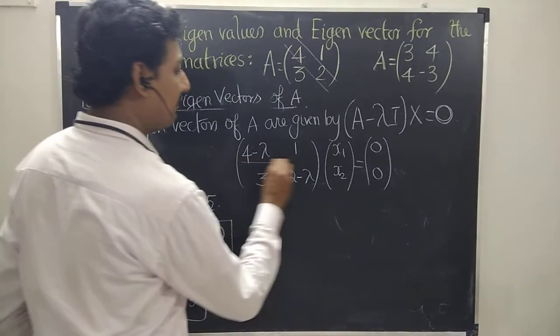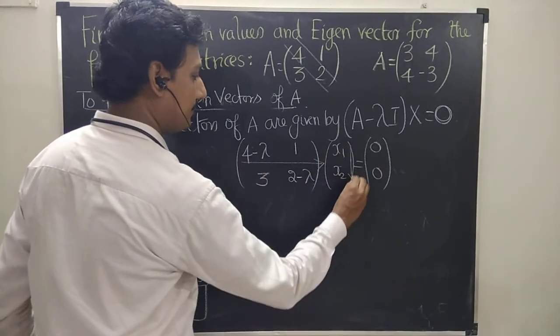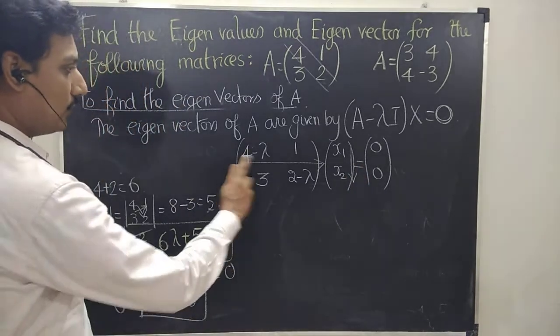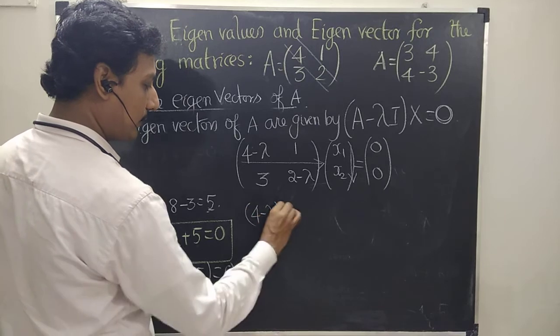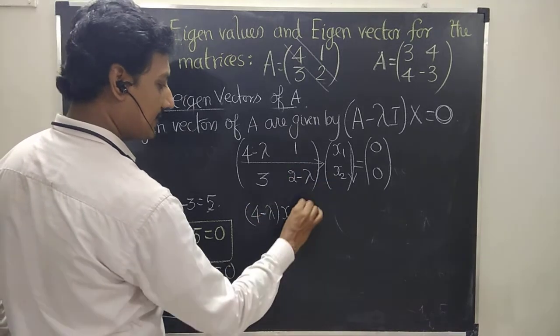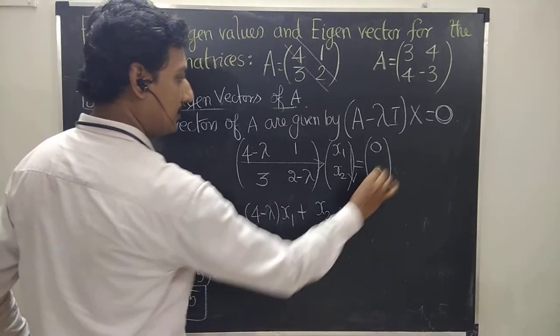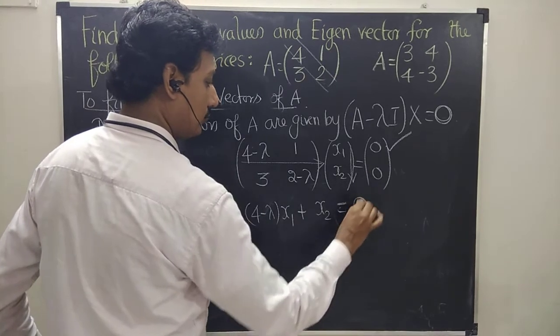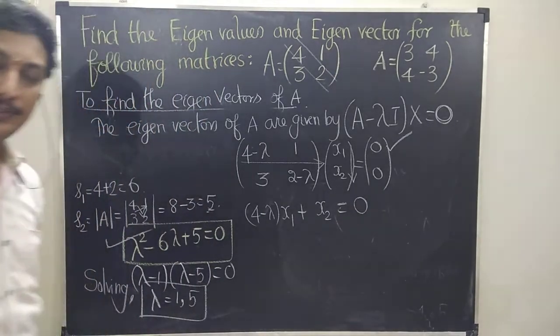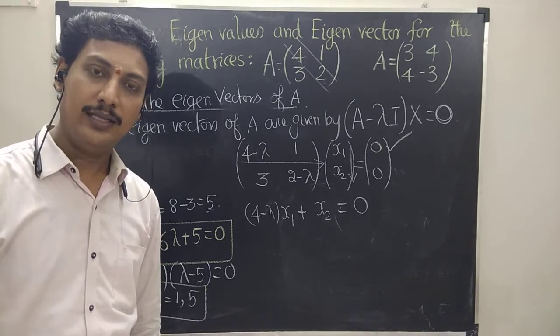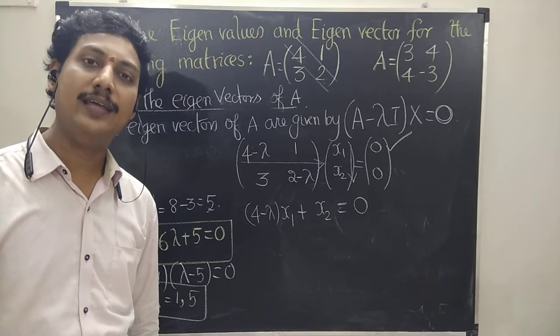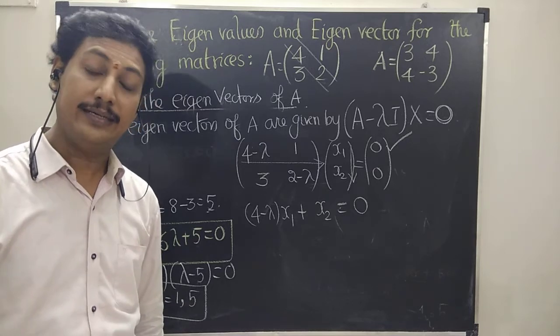Now, in this left hand side, it is a matrix multiplication: first row into the column. So (4 minus lambda) into x1 plus 1 into x2 is equal to 0. This is the fundamental theorem of algebra: if there are n unknowns in the given system, then there are at least n distinct equations.